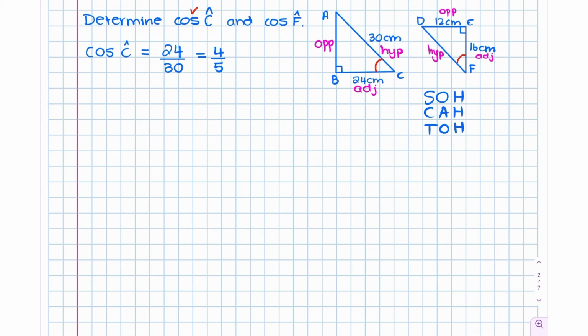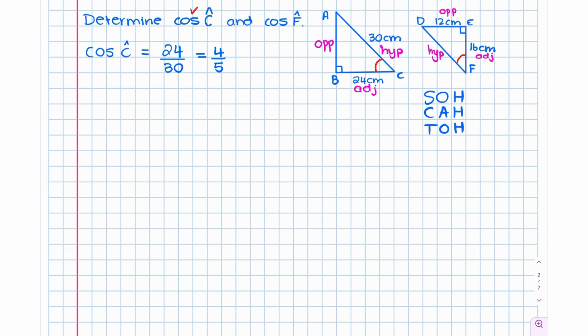Then we need to go and work out cos F. Now, the problem here is that we've been given the adjacent value is 16, and we need the hypotenuse to work out cos, but we haven't been given the hypotenuse, we've been given the opposite. So what we need to first do is actually work out the value of the hypotenuse, and we know that we can use Pythagoras' theorem to do that.